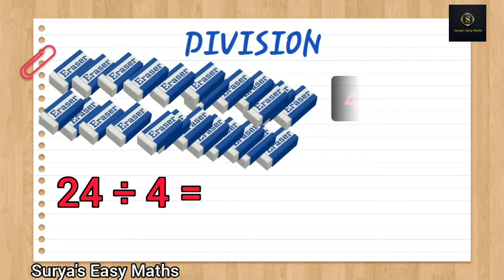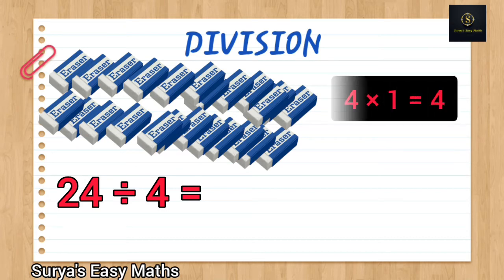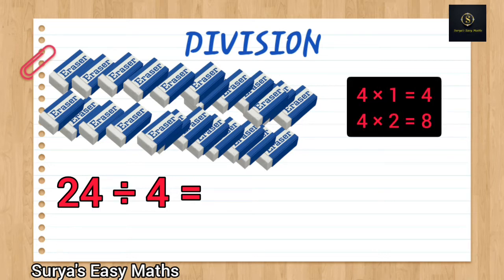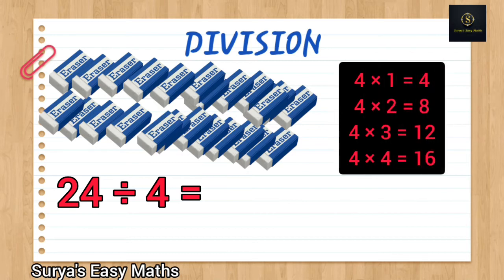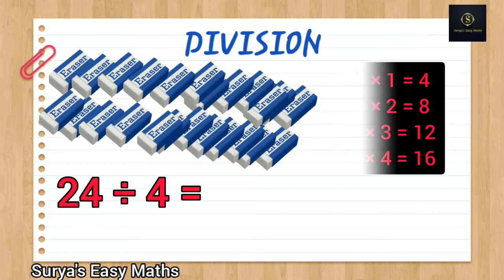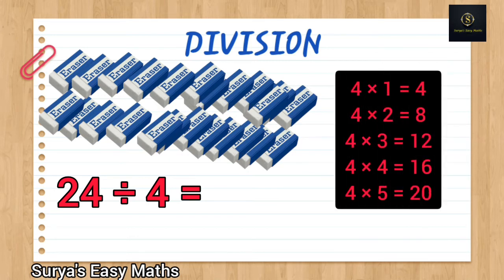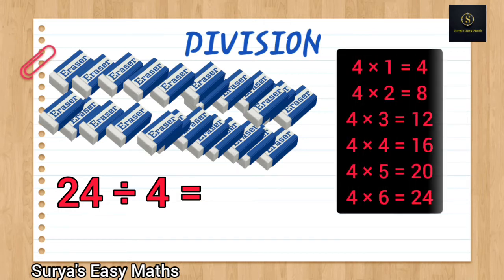Children, let us recall the table of 4. 4 ones are 4, 4 twos are 8, 4 threes are 12, 4 fours are 16, 4 fives are 20, 4 sixes are 24. So children, 24 comes when in the table of 4?